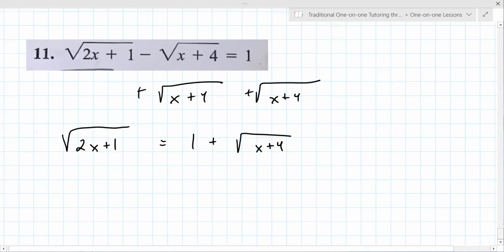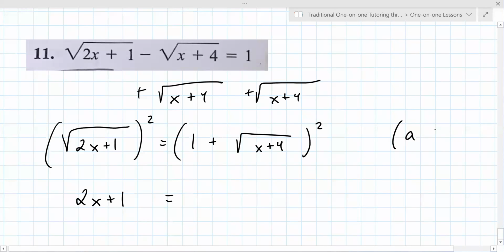So now you have to square both sides. Square, square. So that's 2x plus 1 equals, and then this is where, again, if it's a plus b squared, you square the first, then you multiply the 2 together and double, and then you square the last.